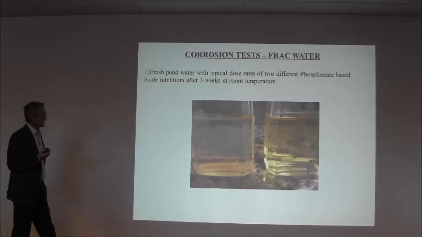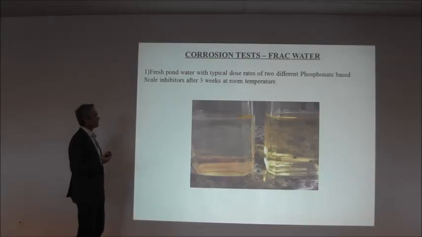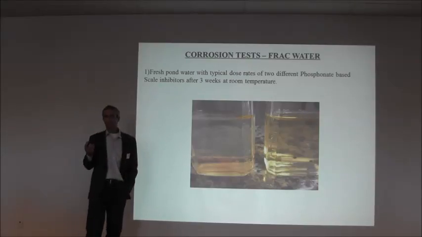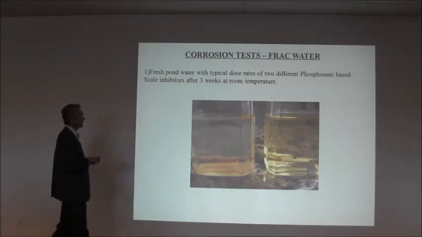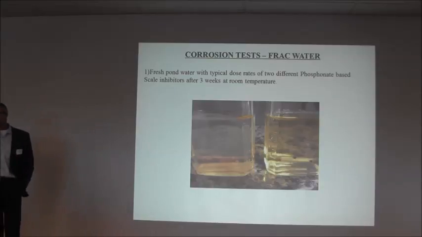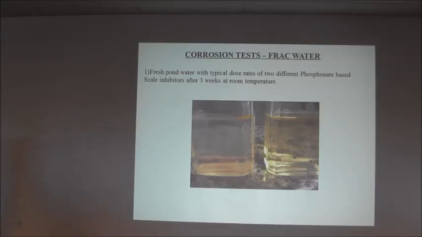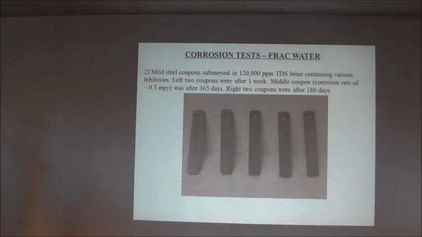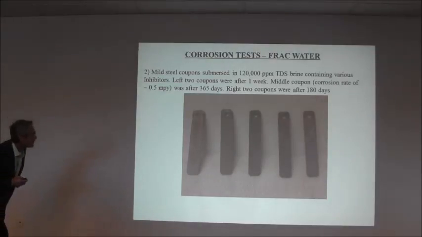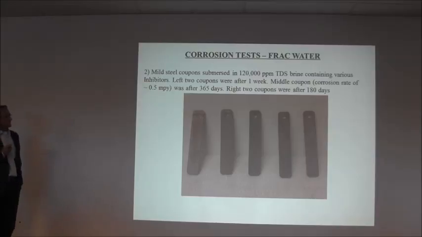Okay, so you can think that if you frack with the phosphonate scale inhibitor, what the inside of your downhole tubulars can look like after a short period of time.